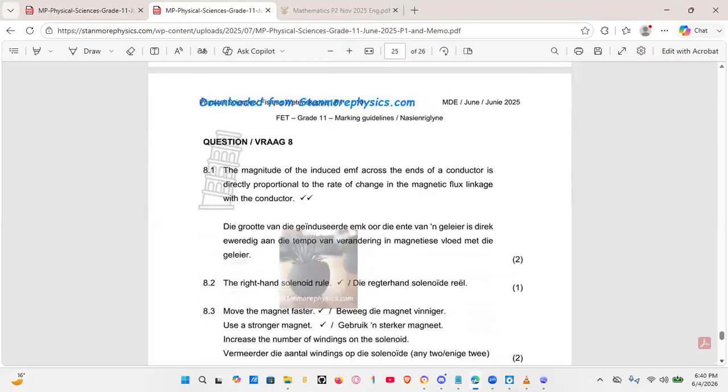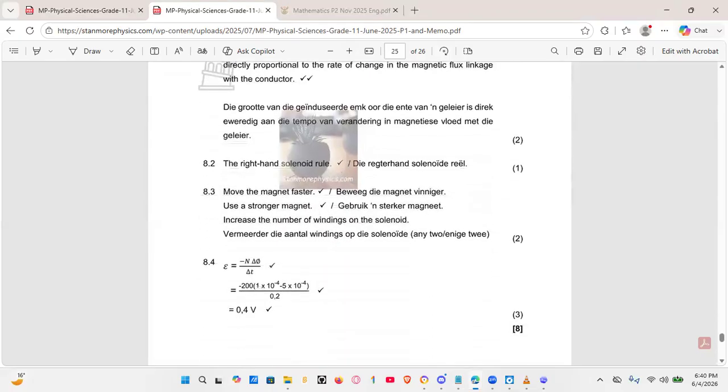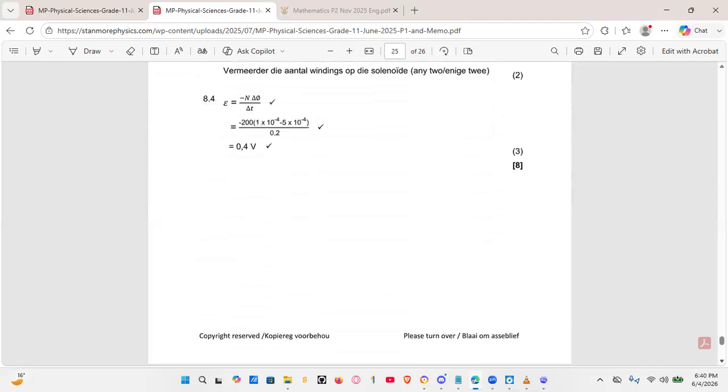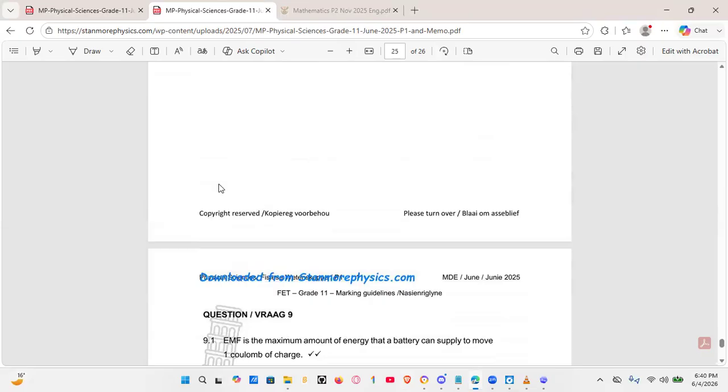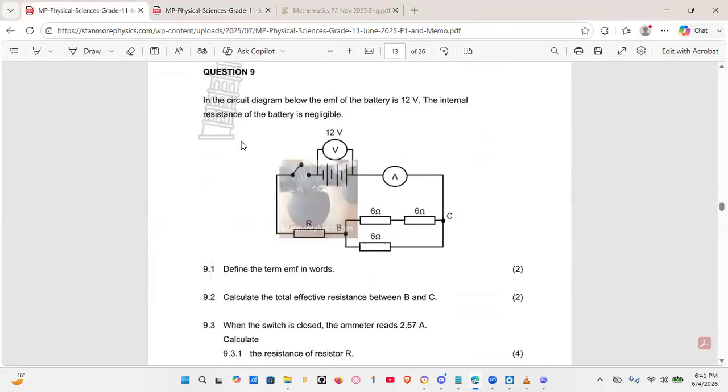That's not our EMF. So I'm sure you were shocked, but that's not our EMF. That's the induced. So your EMF is correct. That's the other EMF. Then how do you calculate the resistance between B and C?